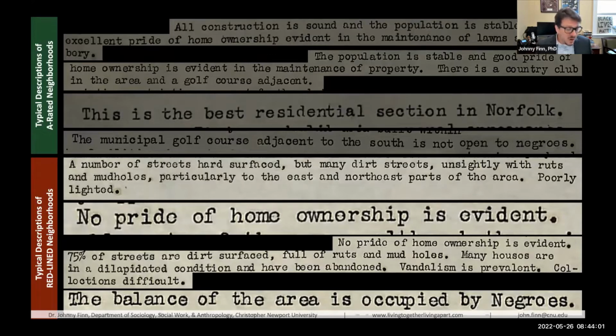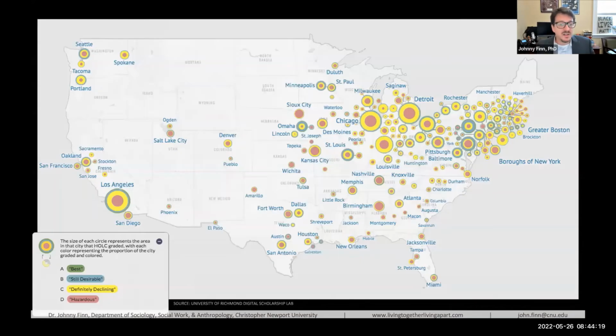And what we know is that overwhelmingly, redlined neighborhoods were predominantly African-American or predominantly, quote unquote, foreign, while neighborhoods that escaped redlining were overwhelmingly white. And this was the case in Norfolk, this is the case in Cuyahoga County, and this is the case in over 250 cities around the country that were redlined in this era.